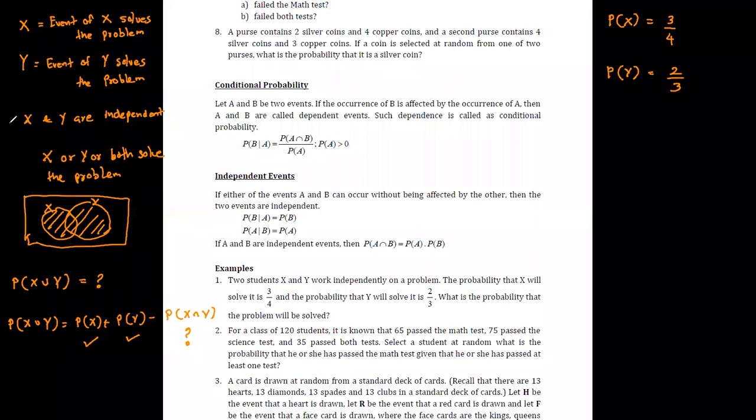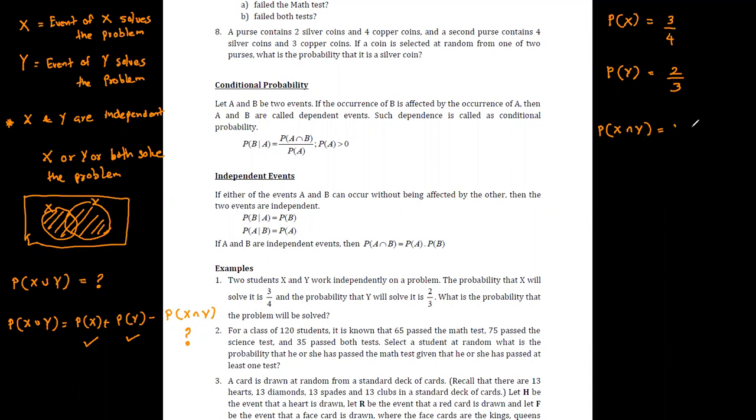But the clue is given to us that X and Y work independently on this problem. Therefore, instead of this intersection, probability of X intersect Y, we can obtain this as probability of X times probability of Y. It is because we know that if these are two independent events, the intersection can be obtained as the multiplication of the probabilities of those two events.